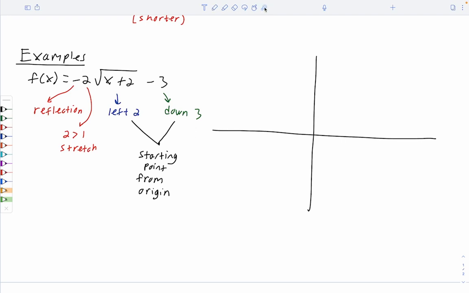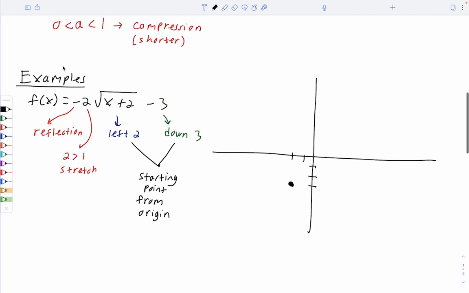So in other words, I'm going to start at the origin, and then I'm going to apply those two transformations, and that's the starting point for this graph. So from the origin, if I go left 2 and down 3, that would be my new starting point, okay?